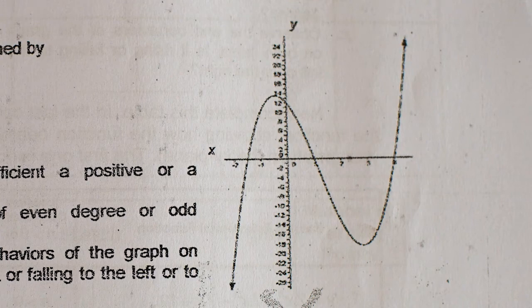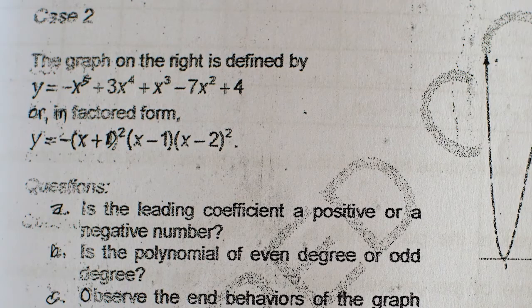Then for Case 2, the graph on the right is defined by y = x⁵ + 3x⁴ + x³ - 7x² + 4, or in factored form, y = -(x + 2)²(x - 1)(x - 2).